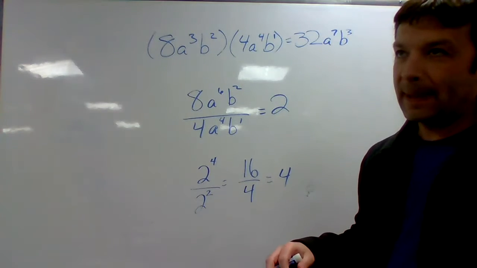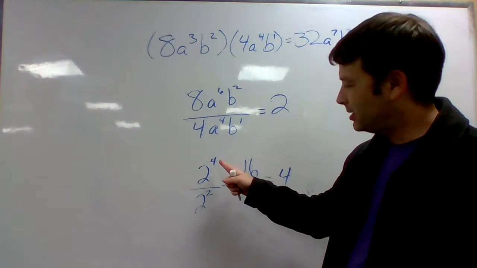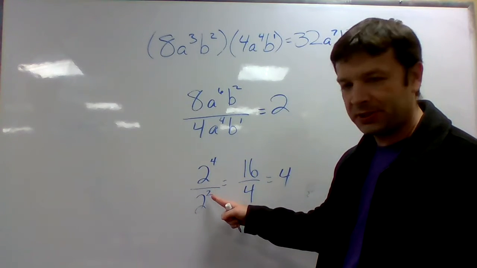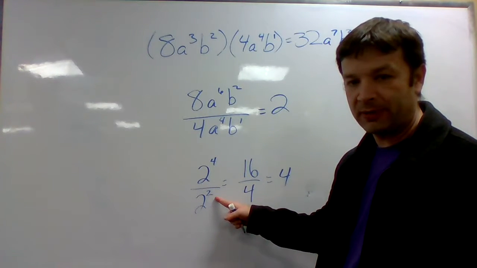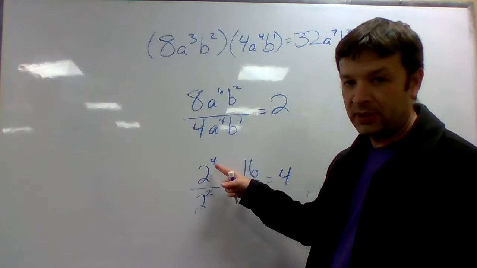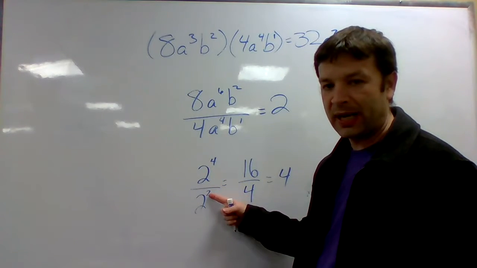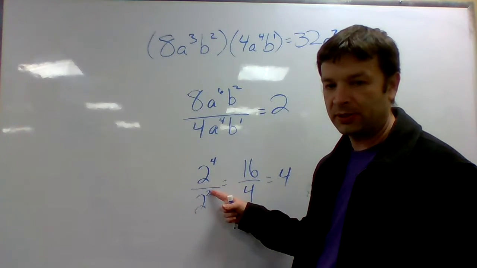Well, what's happening basically is that these two 2's that we're dividing by on the bottom are kind of canceling out 2 of the 2's on the top. So what you can do is you can just subtract the exponents, okay?